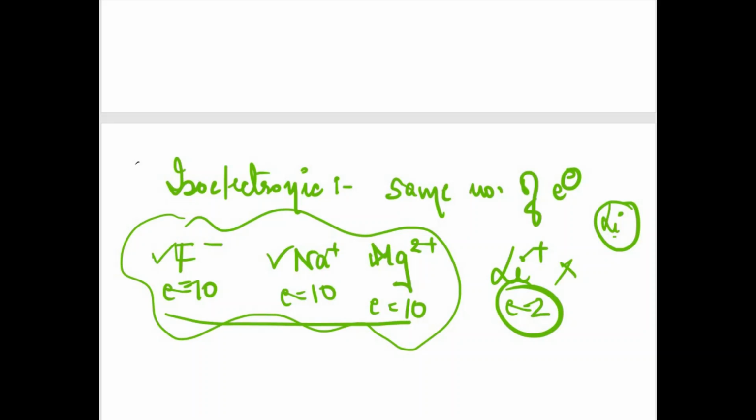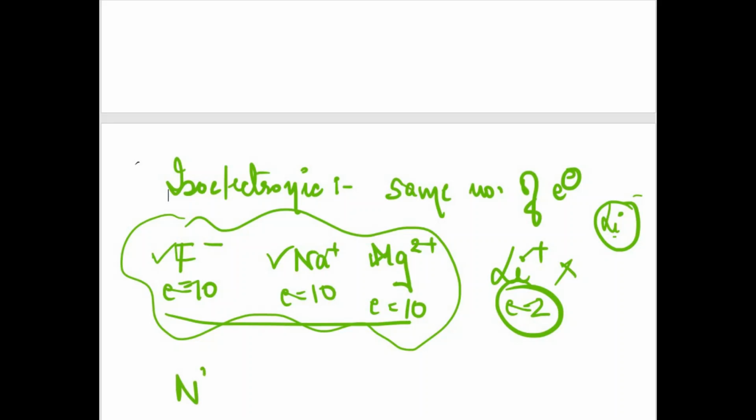So in whichever combination you give lithium along with any of these, it will not satisfy for sure. So you have lithium with magnesium in option number B, not possible. Lithium with sodium in option number C, not possible. So those two options get eliminated directly, right?